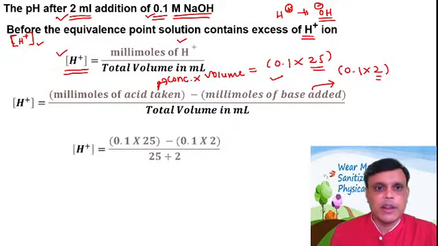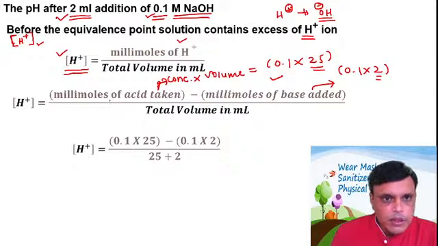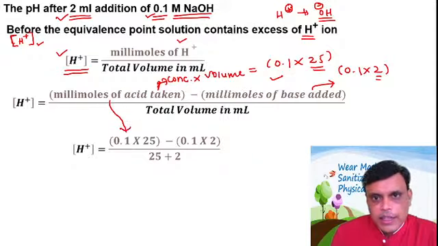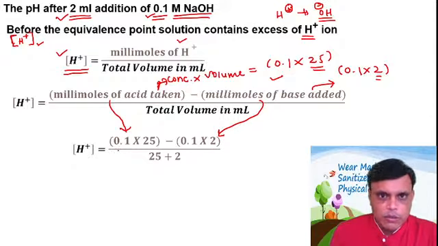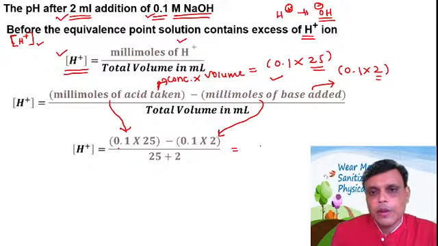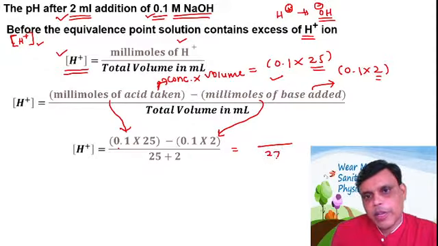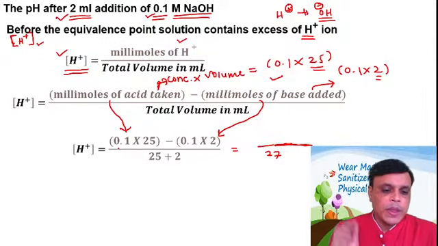So the concentration is 0.1 into 25 minus millimoles of base added, that is 0.1 into 2, divided by total volume 27. Now you can solve this, and you will tell me the pH.